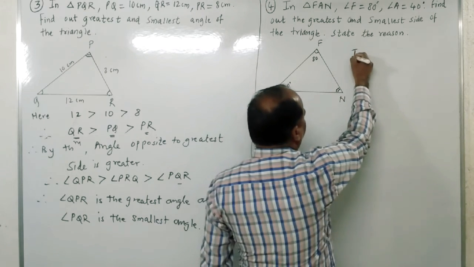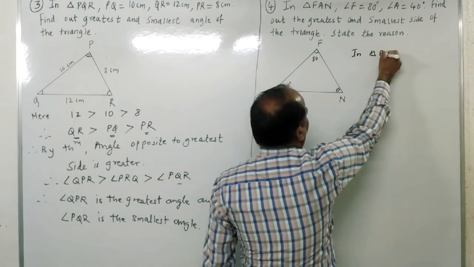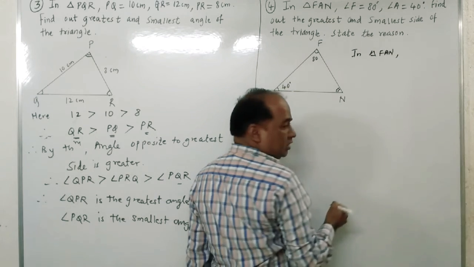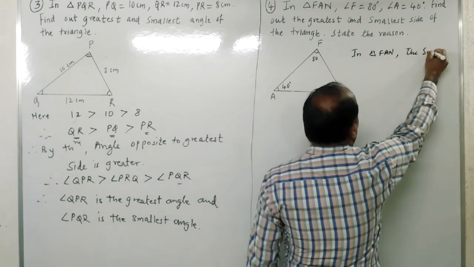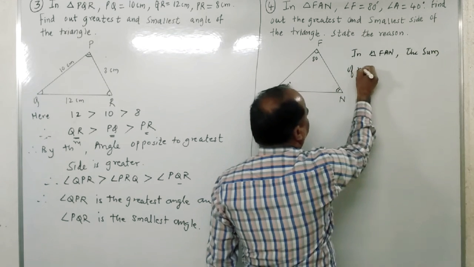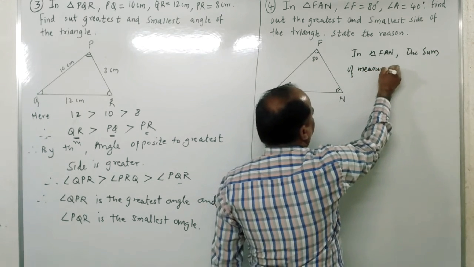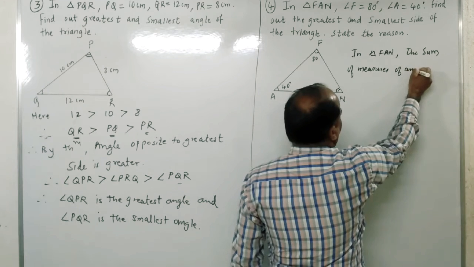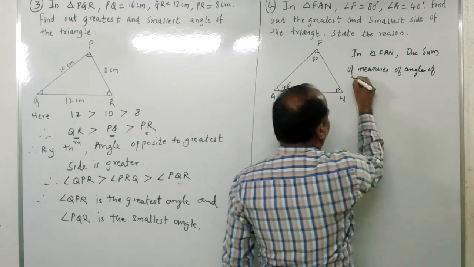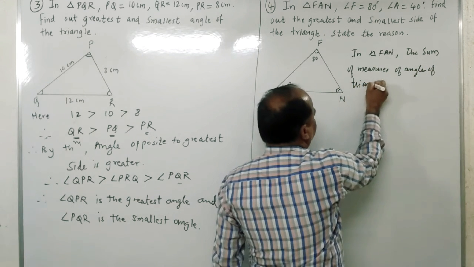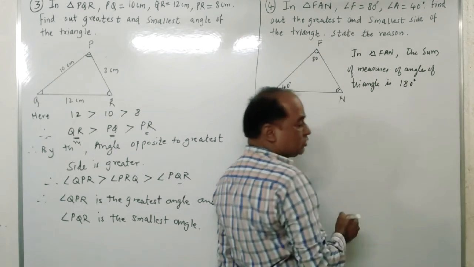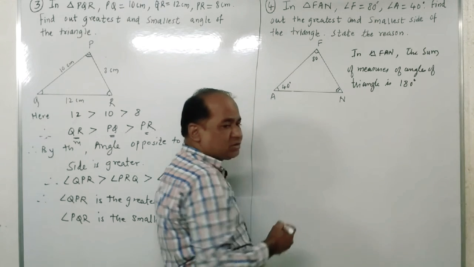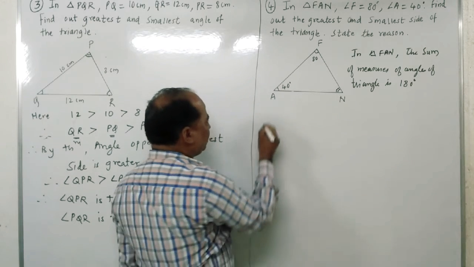Now we know that in triangle FAN, the sum of measures of angles of a triangle is 180 degree.